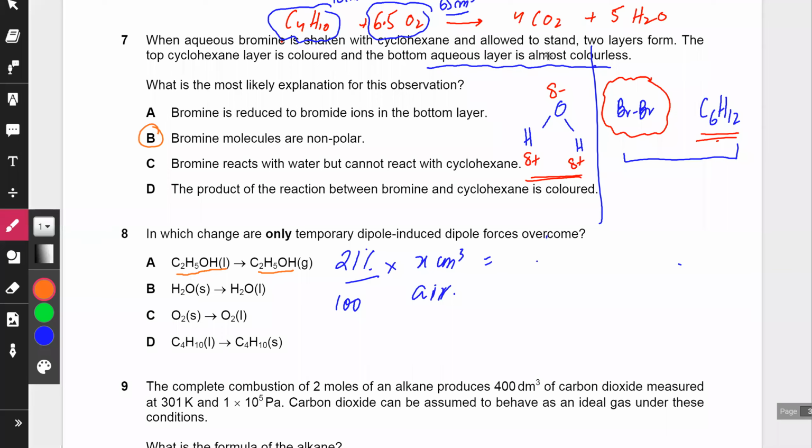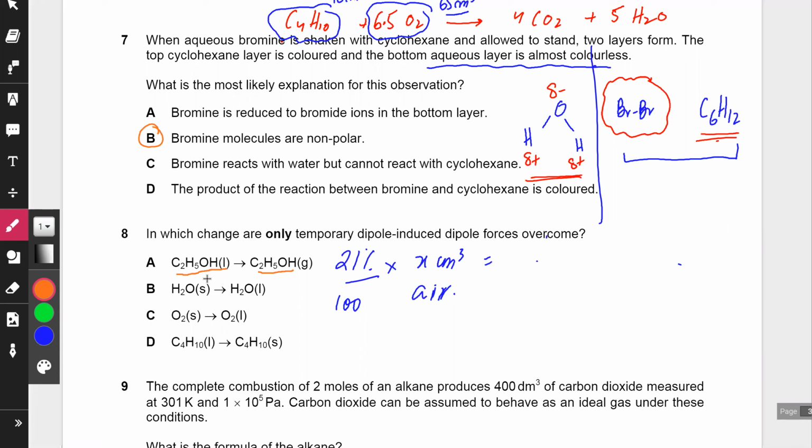Hydrogen bond. Okay, hydrogen bonding when O, N, or F, the most highly electronegative elements, are bonded to H. It's a very highly polar bond because of the lone pairs on the oxygen, nitrogen and fluorine. The polarity is even higher, so there are very strong attractive forces. So that's hydrogen bonding.